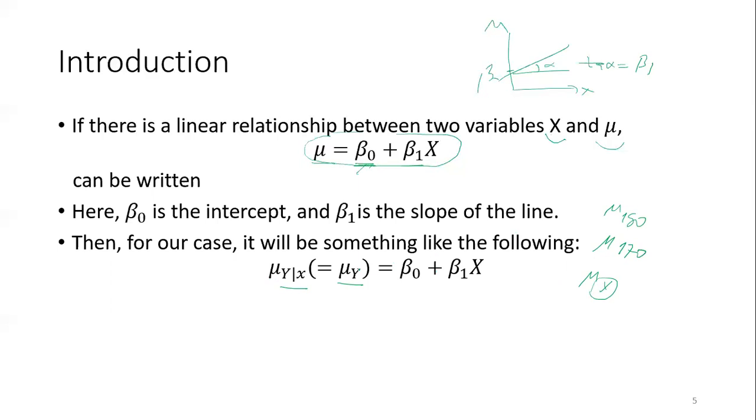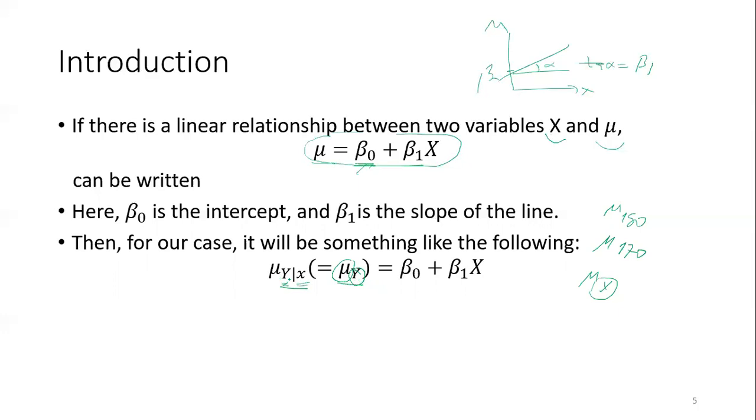What does this mean? This is the expected value of the random variable y, which is the weight in kilograms. Or we can use it as the expected value of the random variable y given x.